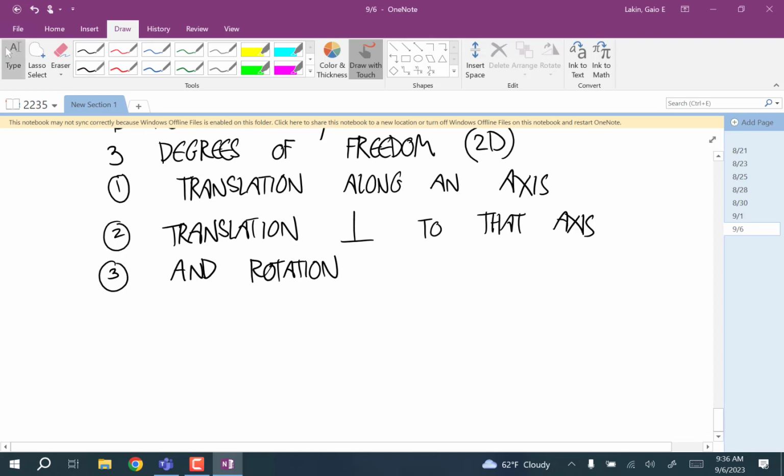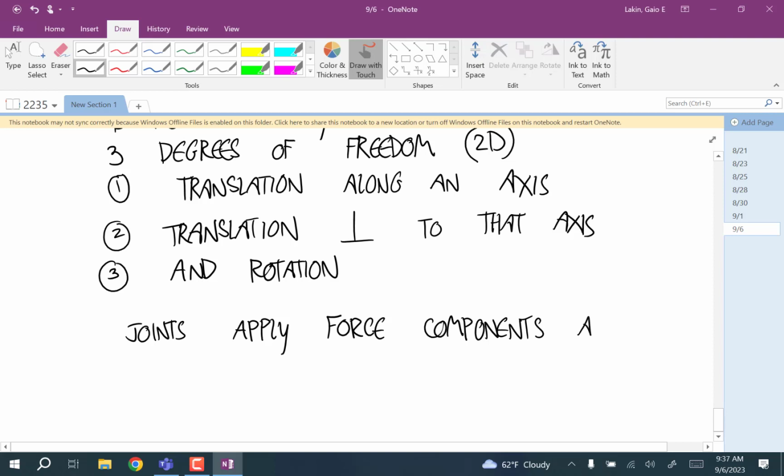What joints do is they apply forces and couples to things to disallow those degrees of freedom. So joints apply force components along axes to disallow translation along those axes.